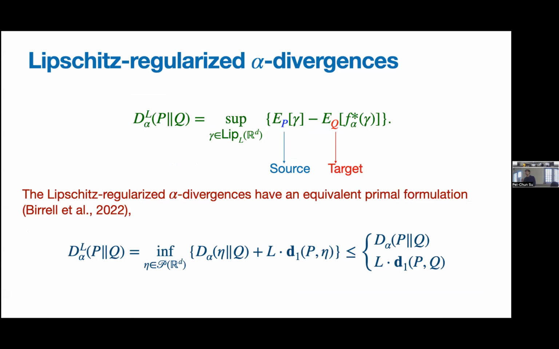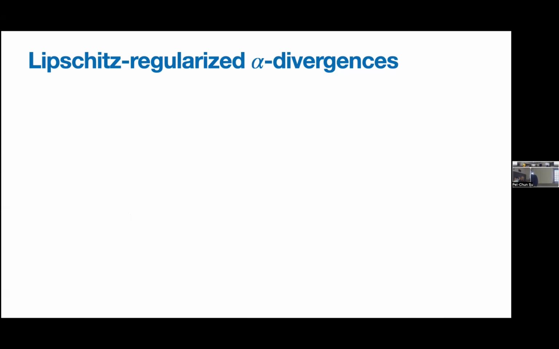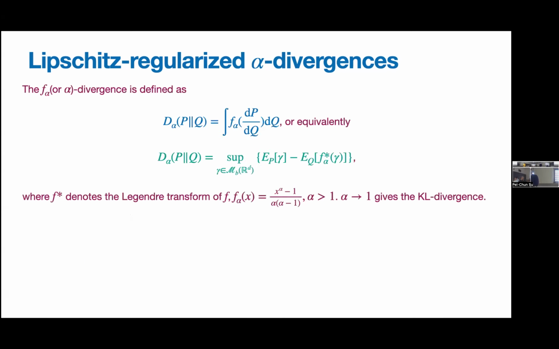Can I ask, can you say exactly what the formula for f alpha star of gamma is? Okay, you have a Lipschitz function gamma, and then you do this. Right, so f alpha is defined in this form. So this is the f alpha function, and f alpha star is the Legendre transform of f alpha.